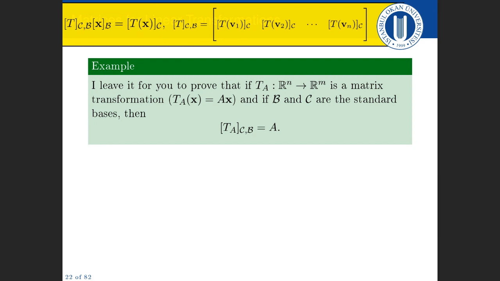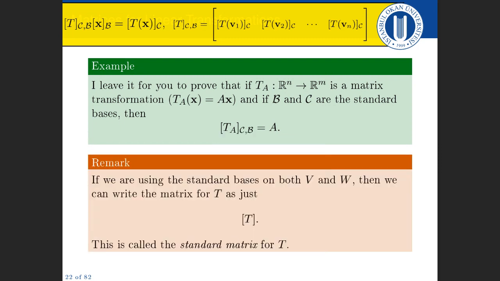Let's do some examples. First of all, I'm going to leave it for you to prove that if we have a matrix transformation and if we're using the standard bases, then the matrix for T_A relative to the bases B and C is just A. If we're using the standard bases, like we did in this example, we don't have to write them.